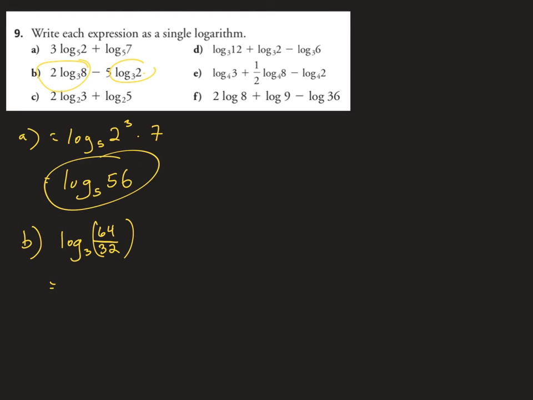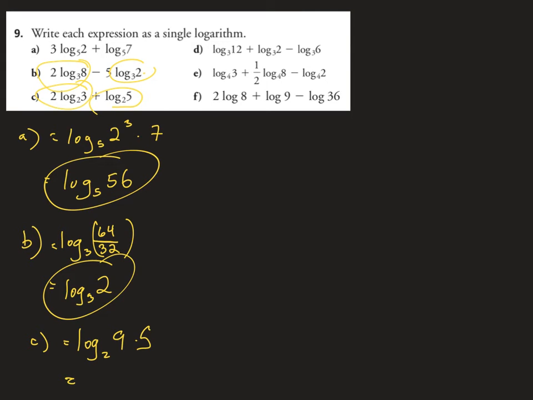So this is log base 3 of 2. Part C. So this is equal to log base 2 of 3 squared, which is 9, times, base 2 again, times 5. And that's just log base 2 of 45.